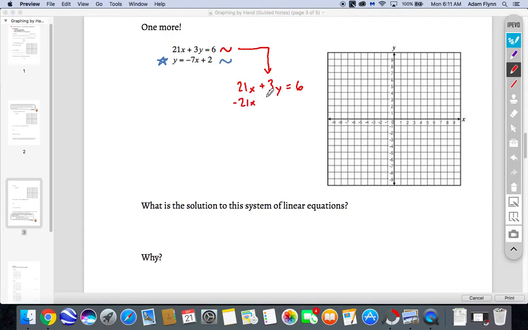So I will subtract 21x. 21x minus 21x is going to cancel. So I'll have 3y equals, I'll rearrange these two, so negative 21x. I always like to put my x first. And then I've got a positive 6 here, so I'll put plus 6.